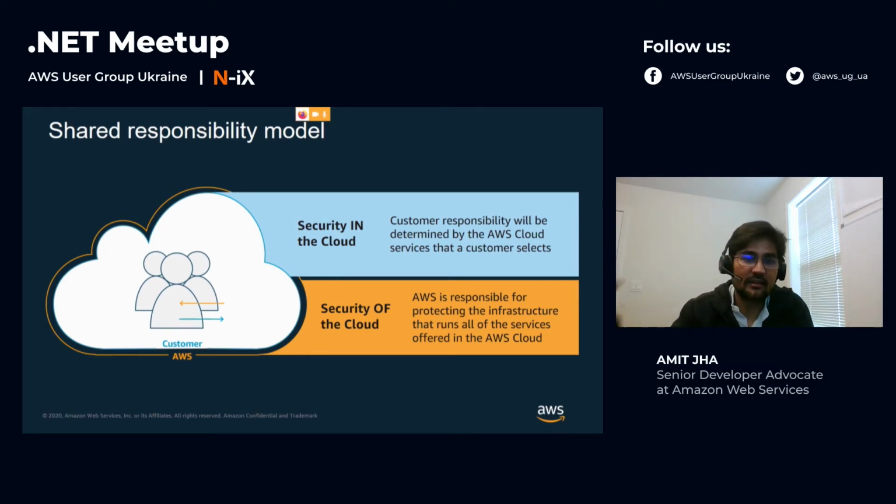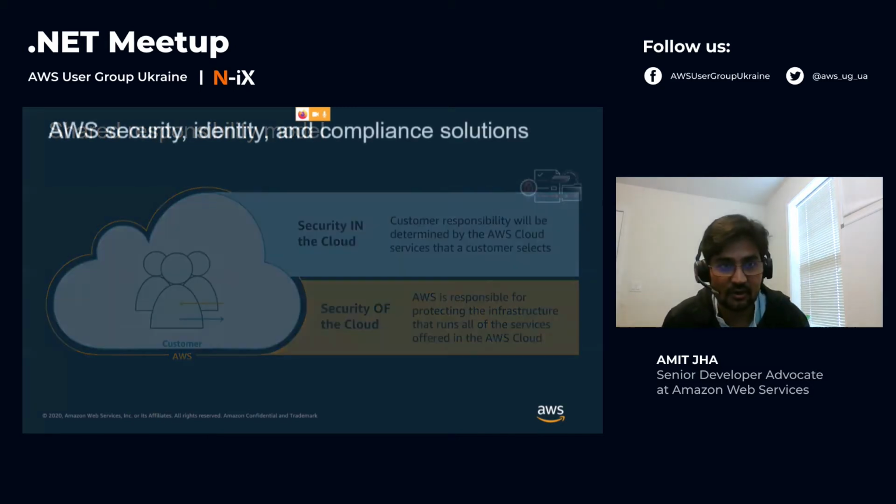So let's say you bring in data, we give you tools to encrypt, decrypt. You want to have identity, we give you the ability to do federation, OAuth, SAML. So we give you those tool sets, right? Key management, we have a service for the same. But always remember, anything you bring in, that's yours. Anything of the cloud is ours. It's a shared responsibility model.